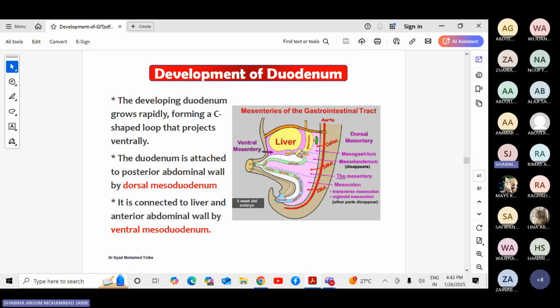Okay, so it will be attached anteriorly by the ventral mesoduodenum, posteriorly by the dorsal mesoduodenum. Okay, so here we have the ventral mesoduodenum, and here we will have the dorsal mesoduodenum. Finally, what will happen?